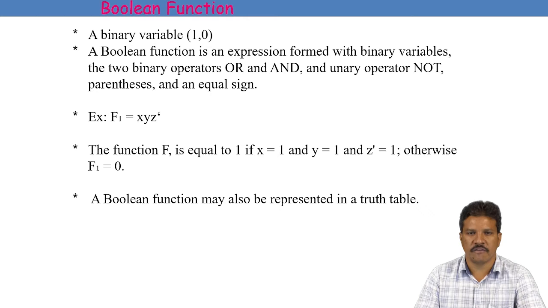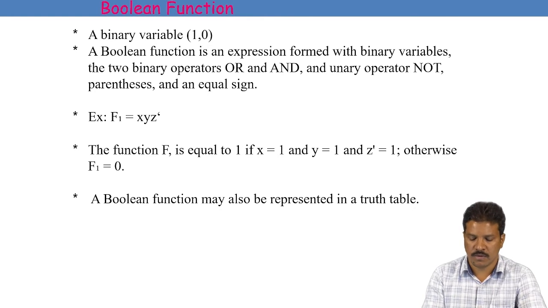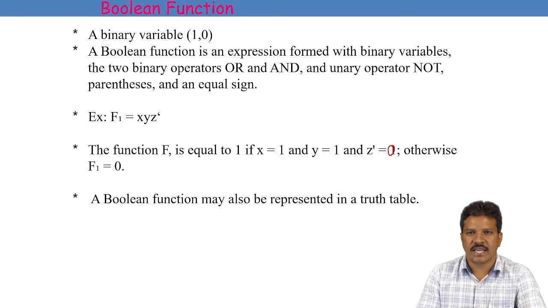Sometimes other Boolean functions may have these kinds of AND terms combined with OR terms or complement terms. So the function f1 is equal to 1 if x is equal to 1, y is equal to 1 and z bar is equal to 0. In this case, the function generates the output 1, otherwise f1 is equal to 0.